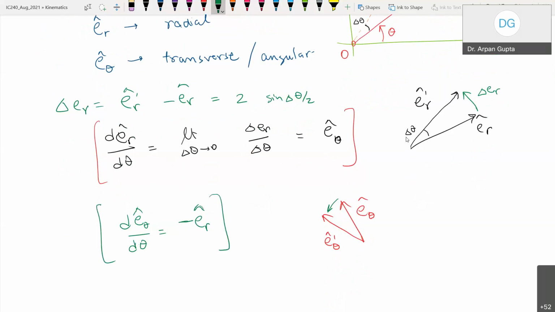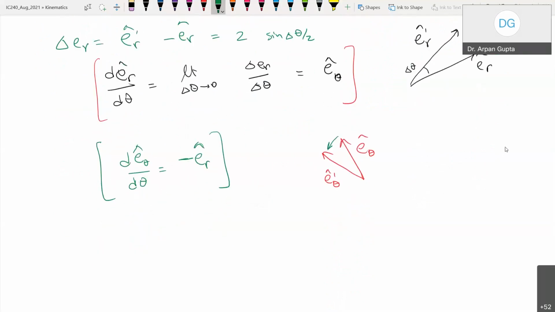So these are two very important relationships. Now we can extend this concept to de_r by dt. If I use the above equation, I can say de_r by d theta times d theta by dt.